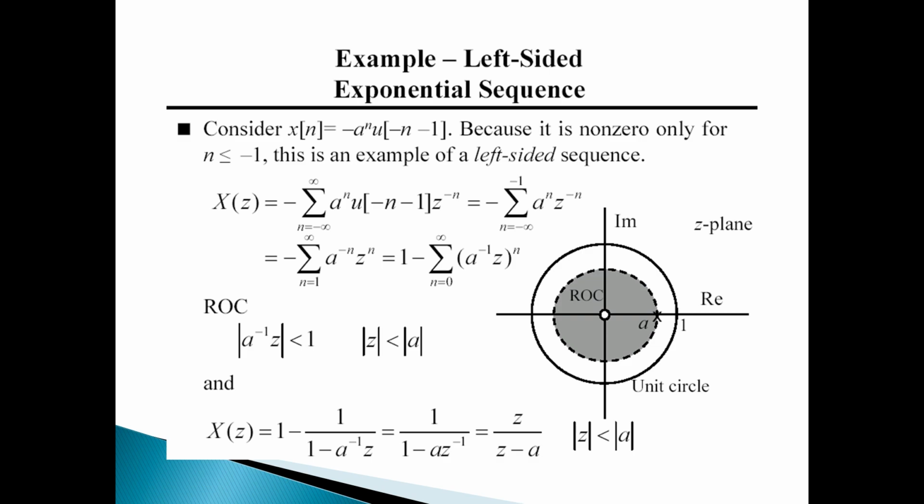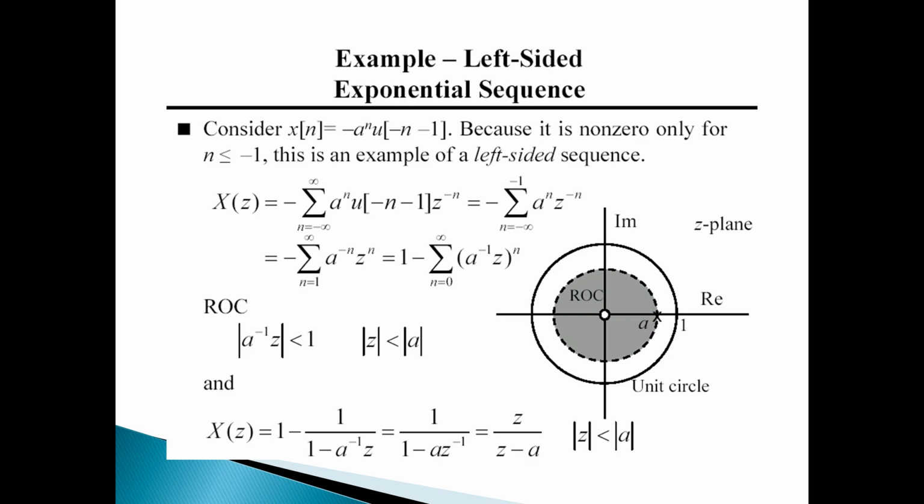Now, as we have said previously, we are now discussing the left-sided exponential function. You can see here x[n] is equal to minus a power n u[minus n minus 1]. This is a clear example of a left-sided sequence.